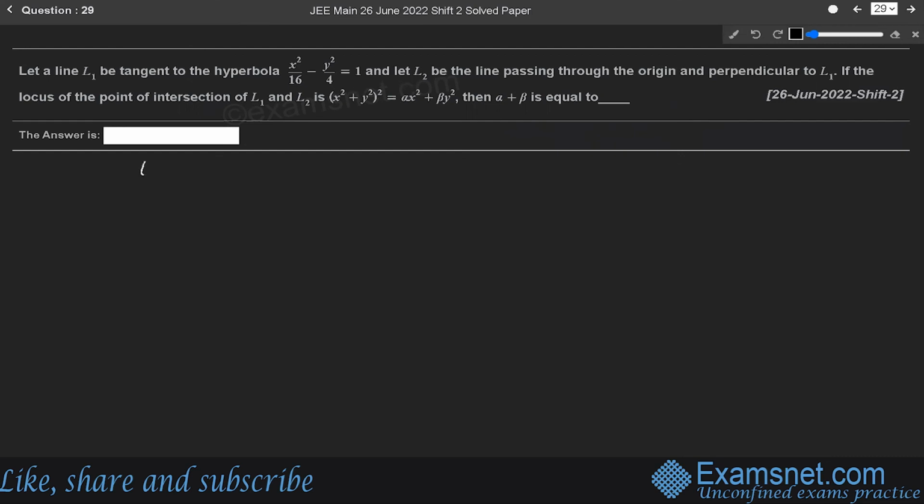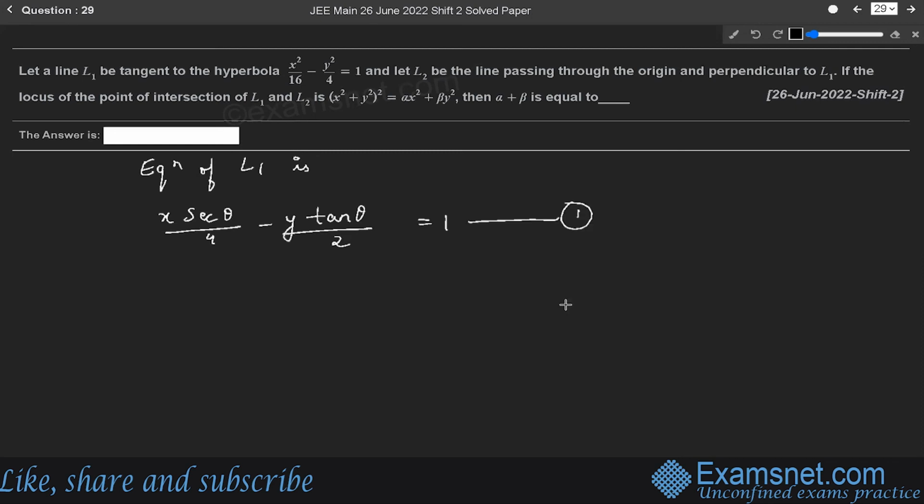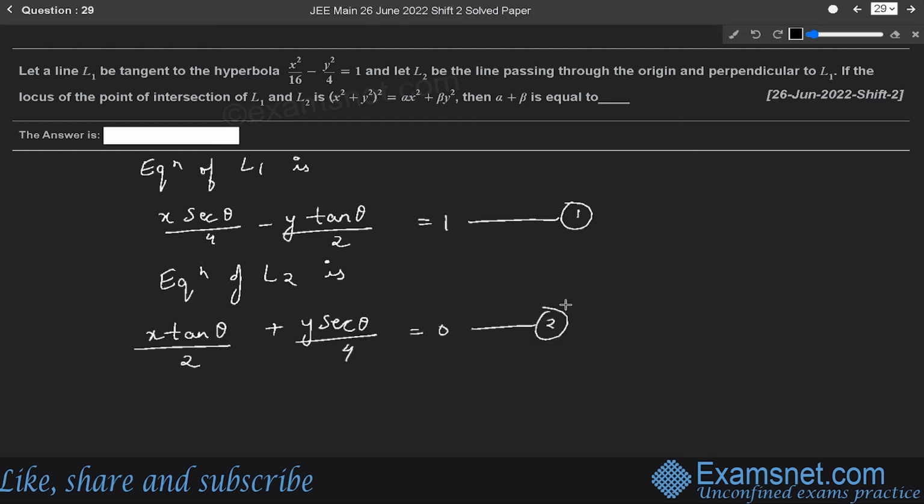We know that equation of L1 is x sec theta divided by 4 minus y tan theta divided by 2 is equal to 1. Let this be equation number 1. Equation of line L2 is x tan theta divided by 2 plus y sec theta divided by 4 is equal to 0. Let this be equation number 2.